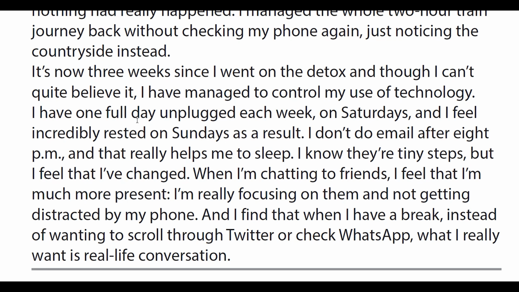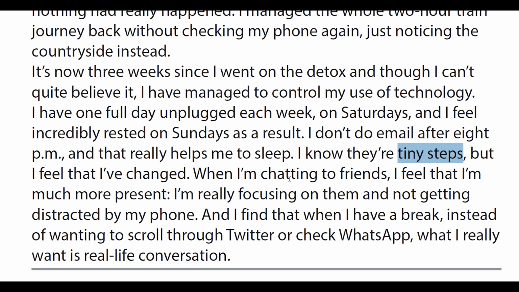У меня есть один полный день unplugged, когда имеется в виду, она не использует ничего, каждую неделю по субботам, и я чувствую себя невероятно отдохнувшей по воскресеньям. Ну, as a result, то есть как результат. Я не занимаюсь своими имейлами после 8 вечера, то есть не отвечаю на письма, и это помогает мне заснуть. Я знаю, это очень tiny steps, то есть крошечные шаги, но я чувствую, что я изменилась.